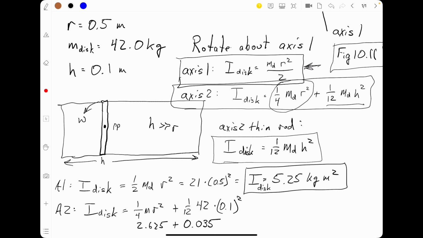And all of this is kilogram meters squared, and it's going to give us an I disk equal to 2.625 plus 0.035, which is 2.66 kilogram meters squared.